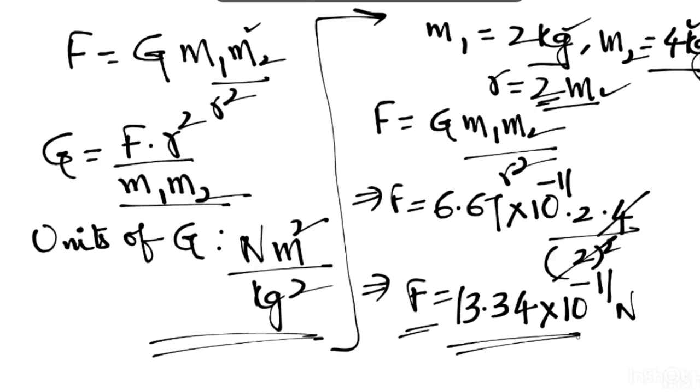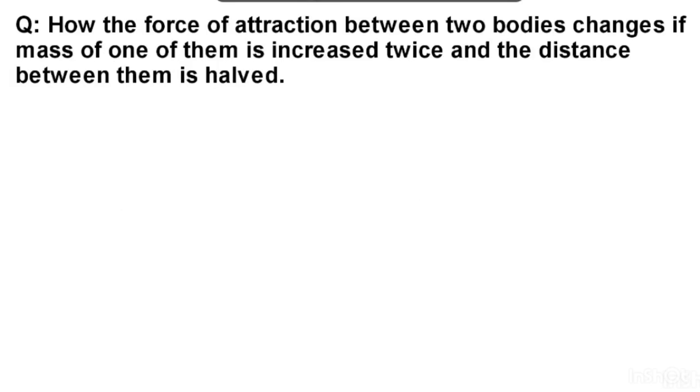But here one question is given: how does the force of attraction between two bodies change if the mass of one of them is increased twice and the distance between them is halved?